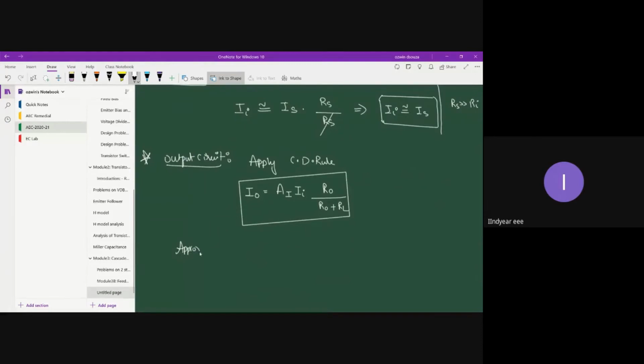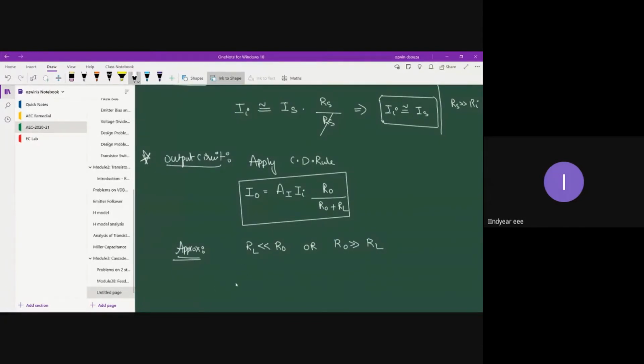Approximation. What if your RL were very small in comparison with R0? Or in other words, what if your output resistance R0 were very large in comparison with the load resistance RL?